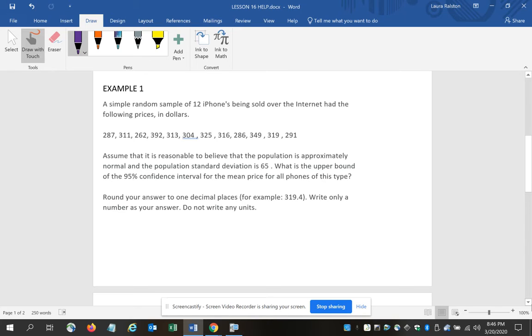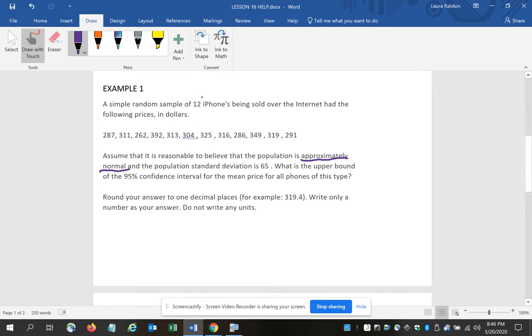So if I read through example 1, it says a simple random sample of 12 iPhones being sold over the internet had the following prices in dollars. And they list those 12 prices. Assume that it is reasonable to believe that the population is approximately normal. Okay, so here it tells us, first off, it is approximately normal.